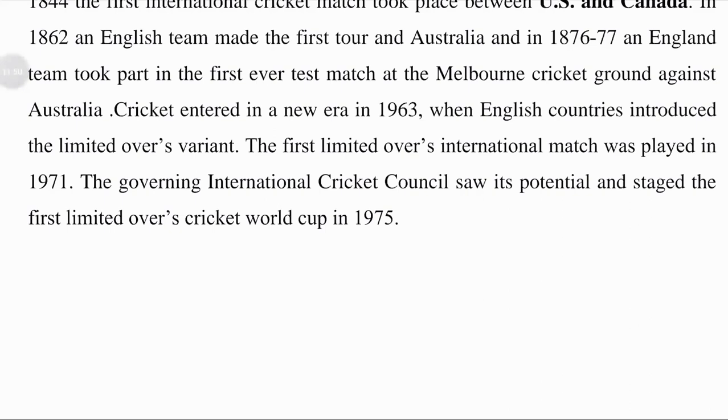This means an English cricket team toured Australia in 1861-62. This was the first ever tour of Australia by any overseas team, and Australia made its tour to England in 1876-77.